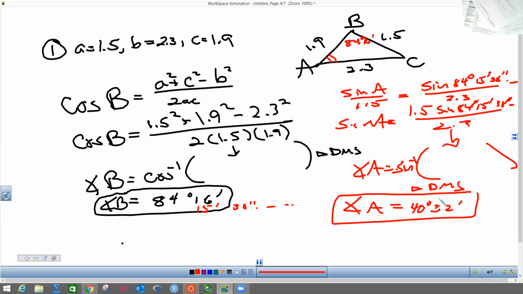Anybody get the same angle? Anybody get a different angle? Has somebody done it yet? He's just that much faster than everybody else typing on his calculator. What's it say, 32? Yes, 40 degrees, 32 minutes.